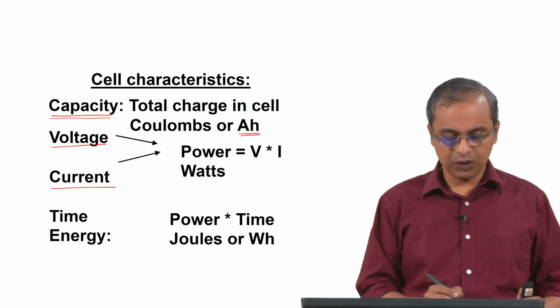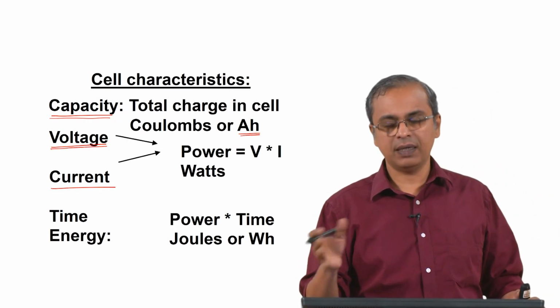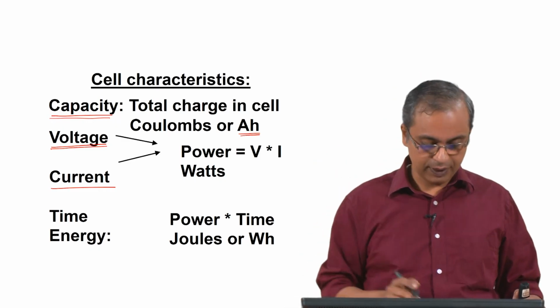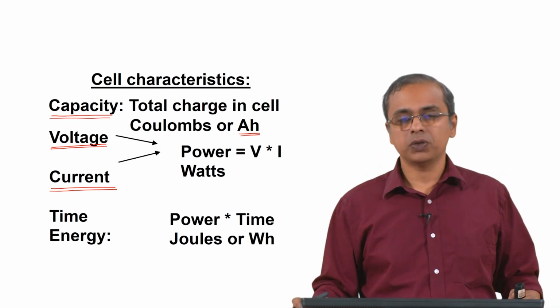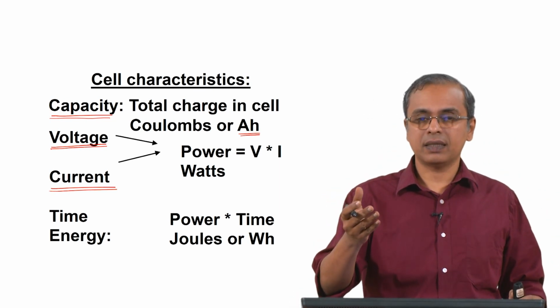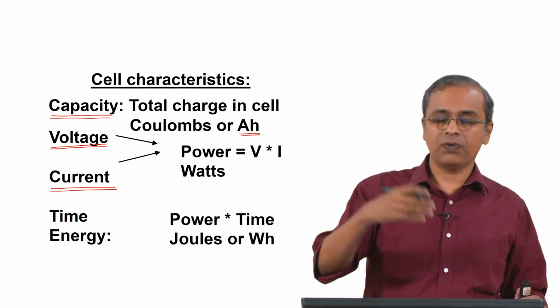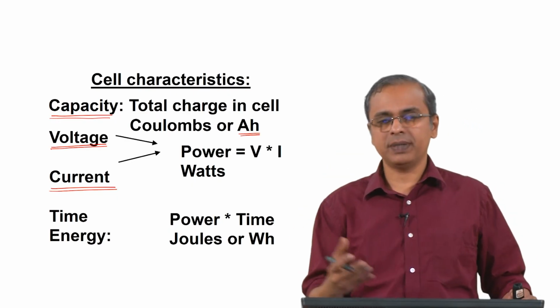So voltage is loosely analogous to the pressure of the water in the pipe, and the amount of water that is flowing through the pipe is analogous to the current. Okay. So you can have a large amount of water flowing with low pressure, a low amount of water flowing with high pressure, or a high amount of water flowing with high pressure. So you have all combinations, right.